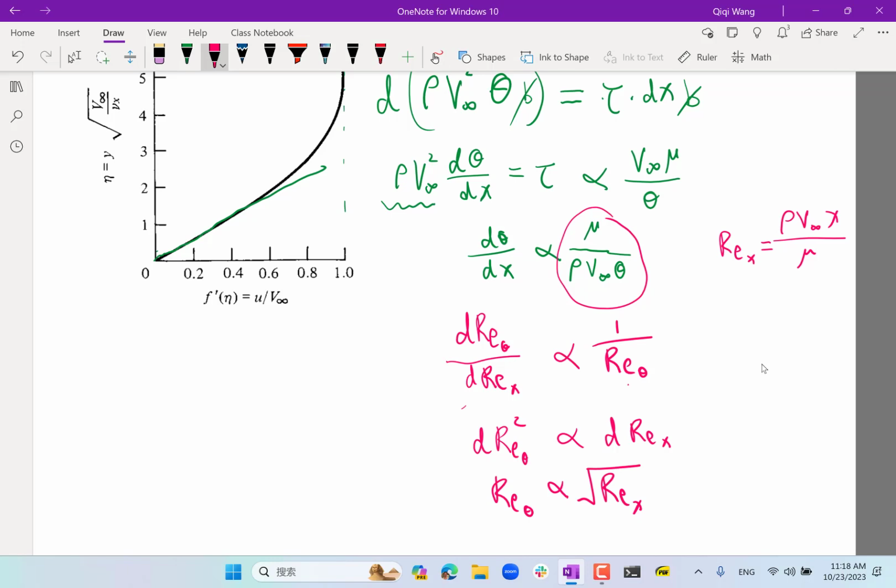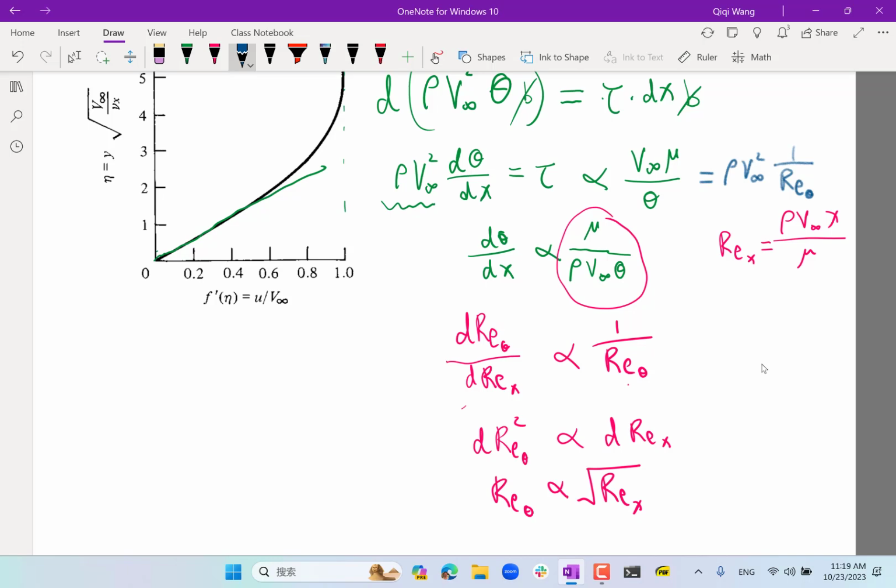And now let's plug this back into tau, right? So tau is equal to rho v infinity squared times 1 over Re_theta.